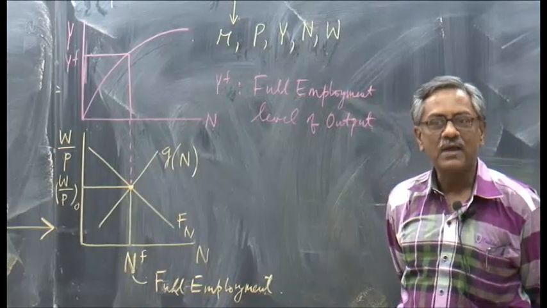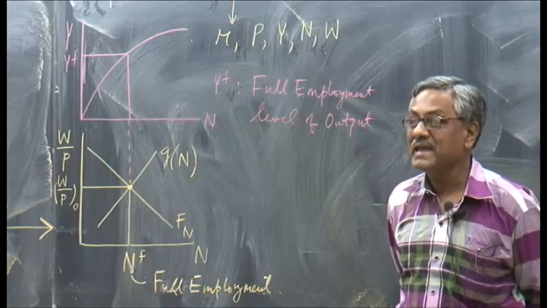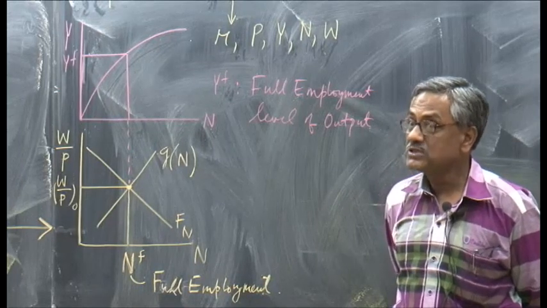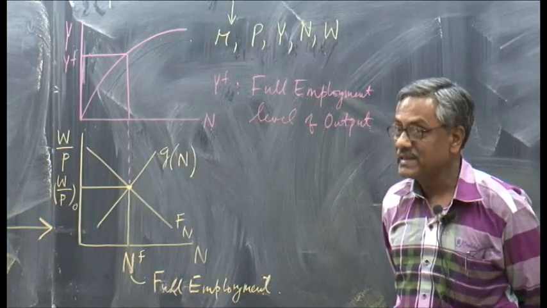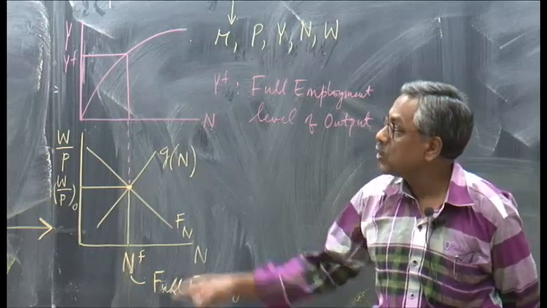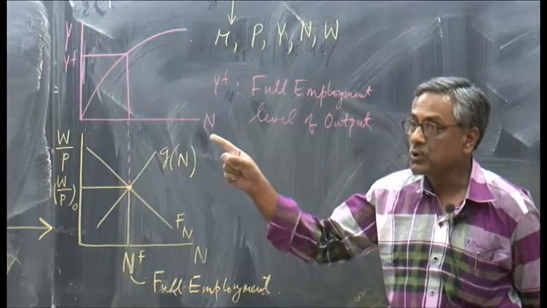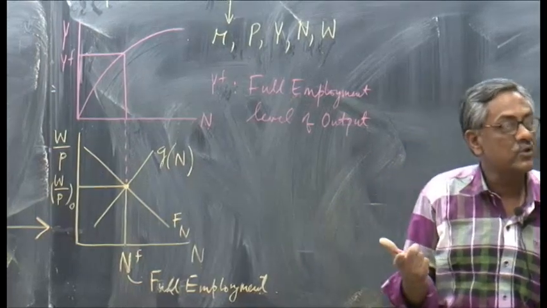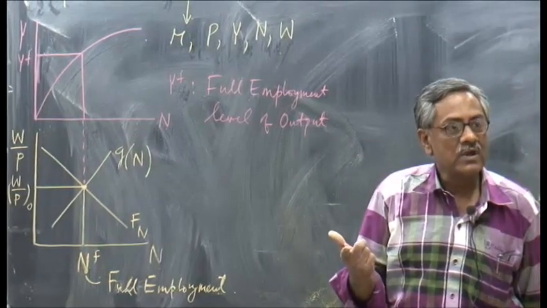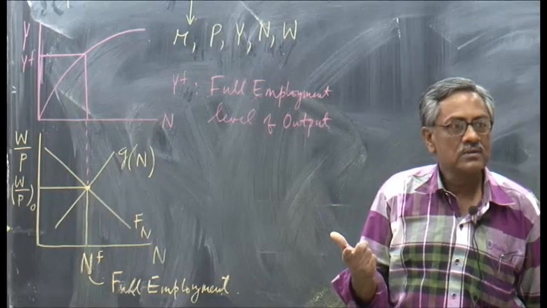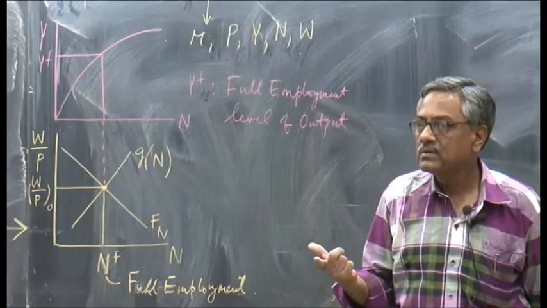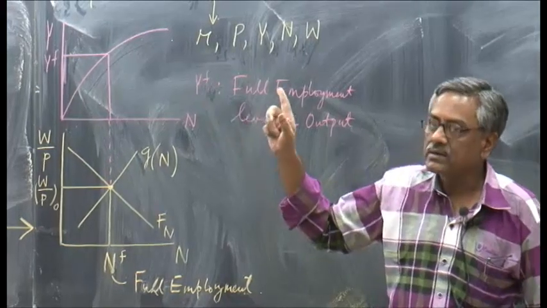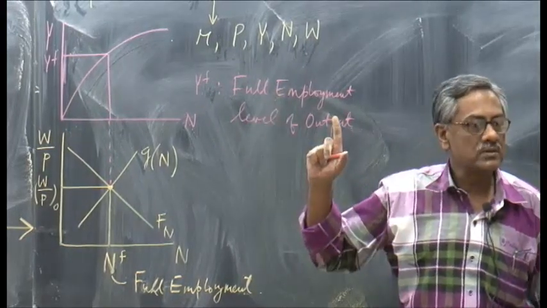Once you have Y, N and W over P, you don't have the individual value of W and P. But you can go to number 2 on the board, the money market equation. You have the Y value. So what is the value you get from the number 2 equation? P. And you have the value R already from 1, a single equation.